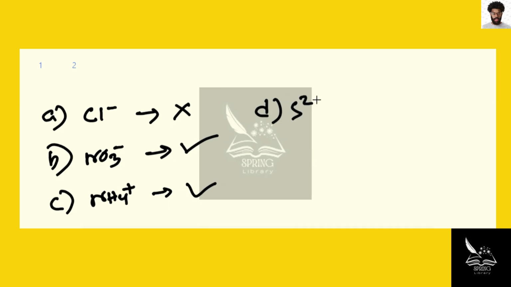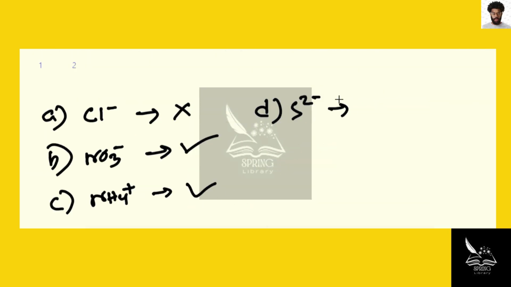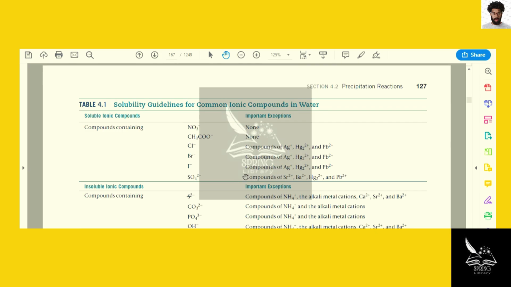Then we have the sulfide ion, and if we look at it here, sulfides are usually insoluble. That means they will form insoluble ionic compounds, so sulfide cannot always be expected as a spectator ion. Finally, we have sulfate. Sulfate ions are normally soluble in water, but there are some exceptions.